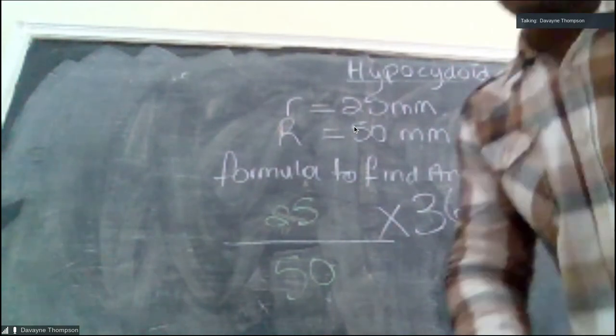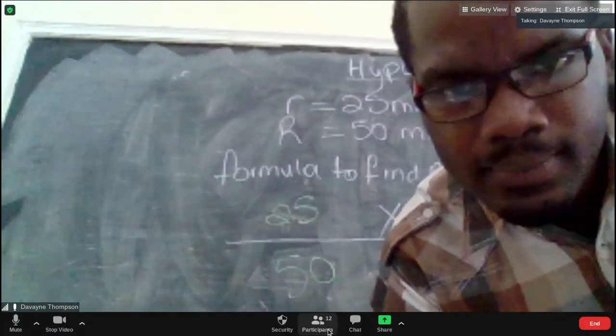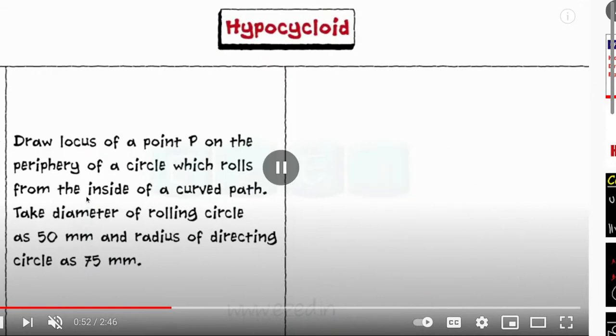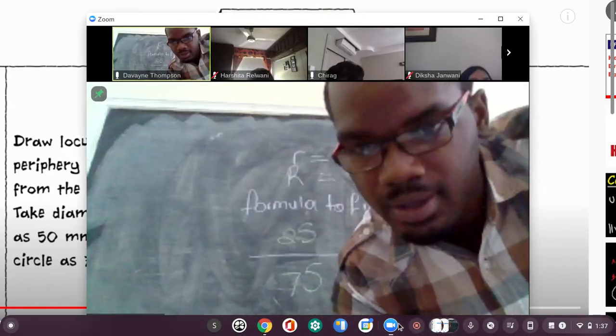What's 25 divided by 75? Anybody? Sorry, 25 divided by 75. What's 25 divided by 75, everybody?